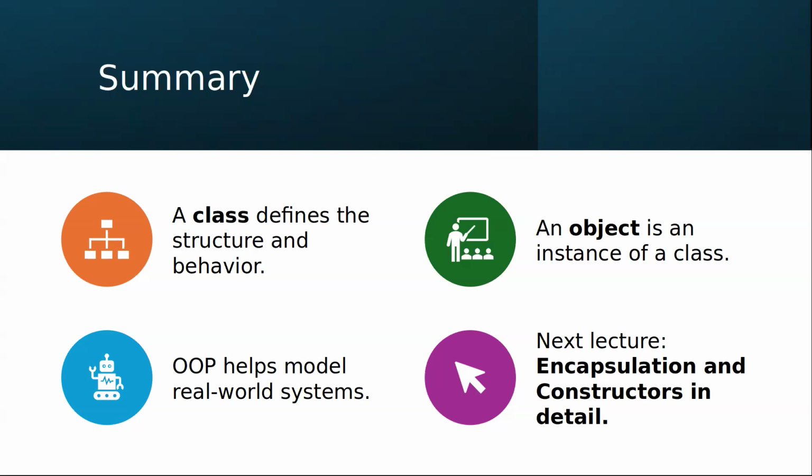We also explored how access specifiers control visibility, public, protected, and private, and how constructors automatically initialize an object when it's created. Together, these ideas form the foundation of object-oriented programming in C++. In our next lecture, we will go deeper into encapsulation and constructors to see how we can make our programs more secure and better structured.